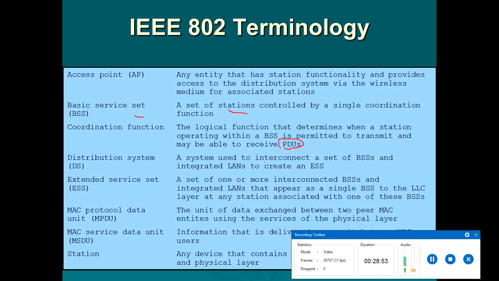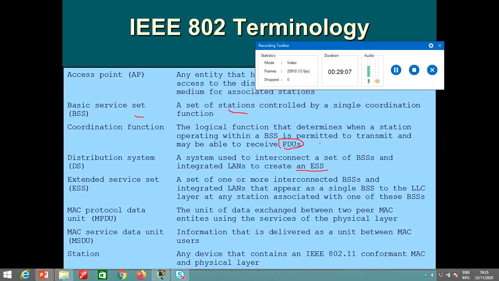Distribution system: a system which interconnects a set of basic service sets and integrated LANs, and it will form an ESS. Although all this terminology we are going to study in detail in the coming slides. So what is an ESS? It's a set of one or more interconnected basic service sets and interconnected LANs which appear as a single basic service set.